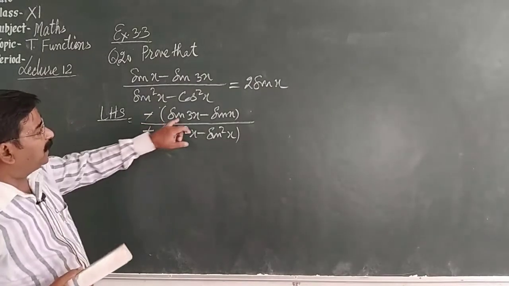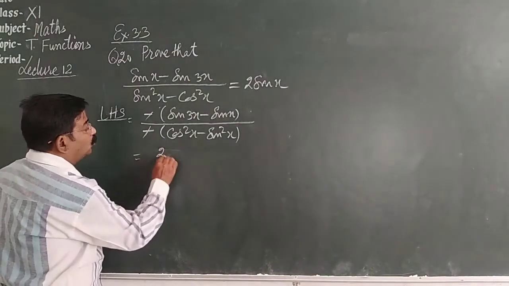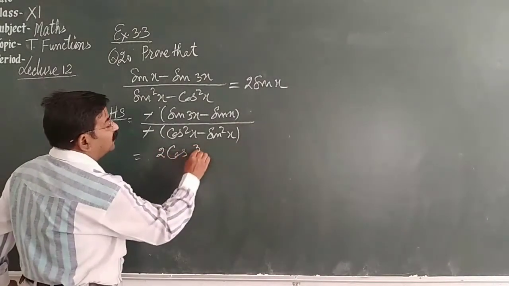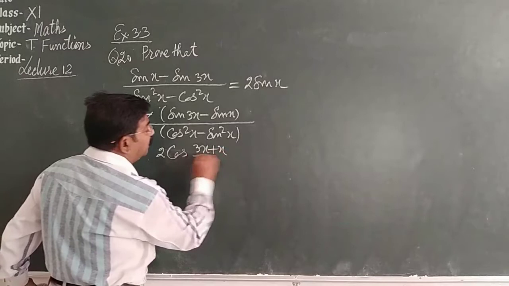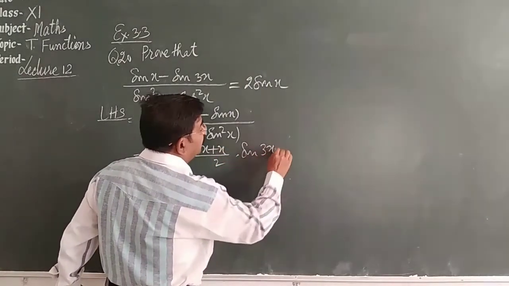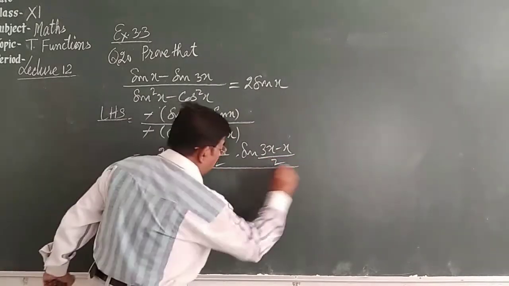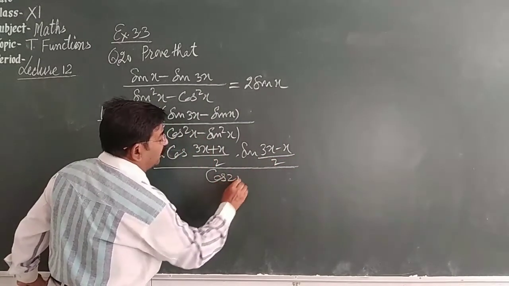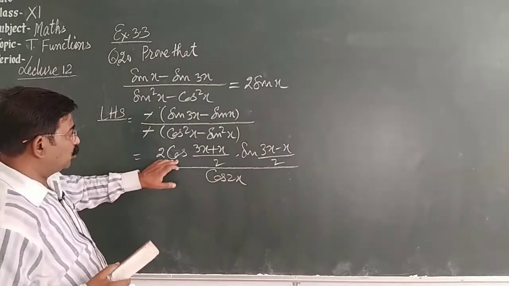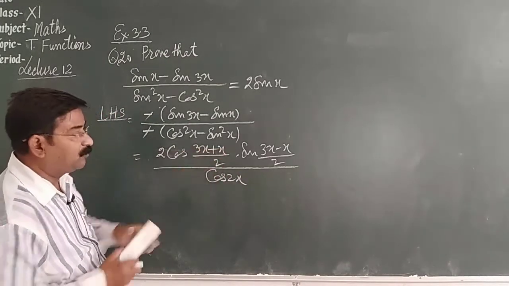In numerator apply the formula sin a minus sin b. So what the formula, 2 cos (3x plus x) by 2 sin (3x minus x) by 2 upon, this is cos 2x. See, this is 2 cos, what we have, 3x plus x, 4x by 2, the 2x.